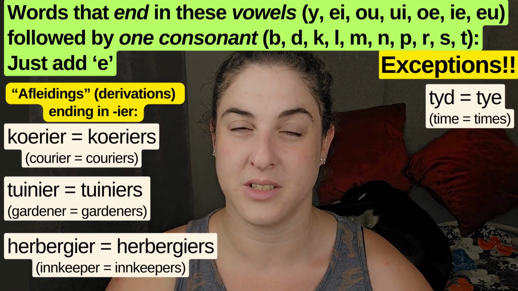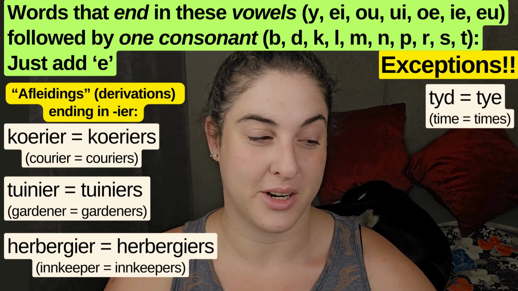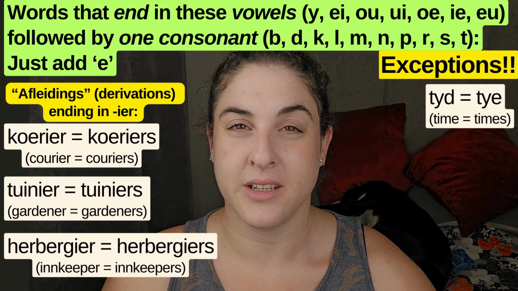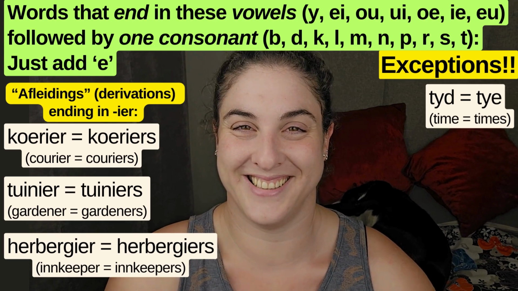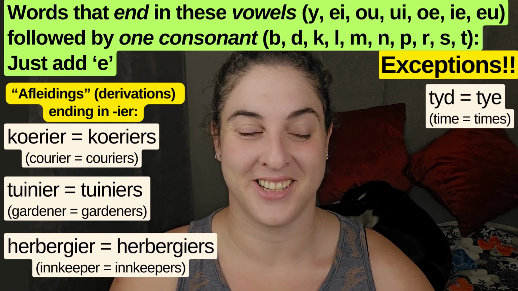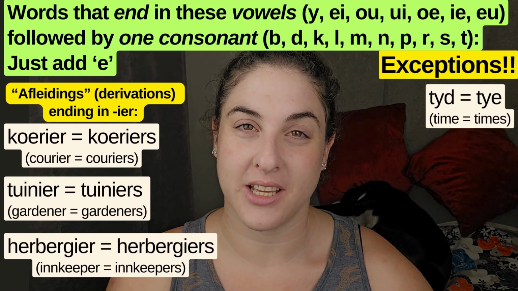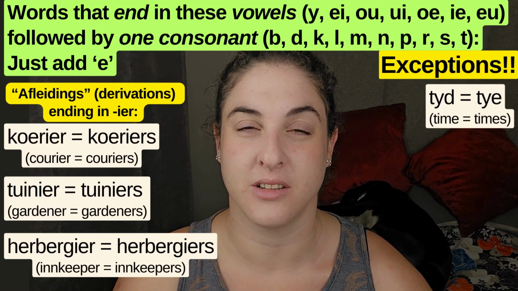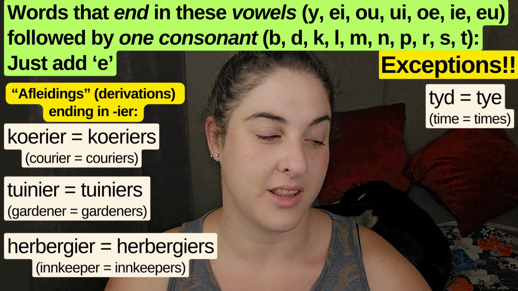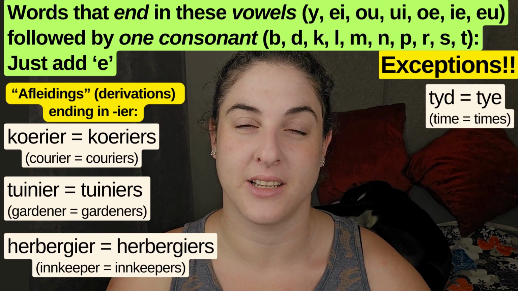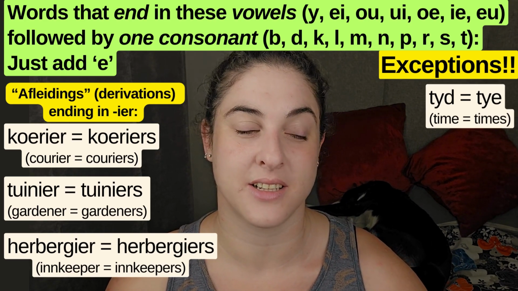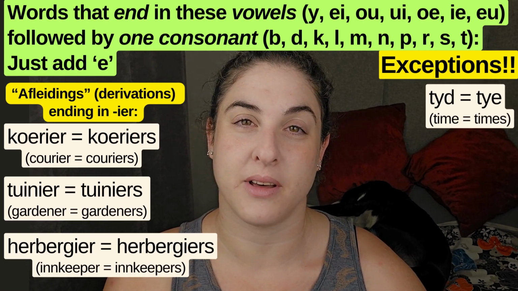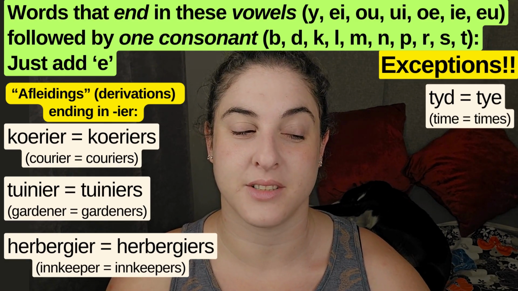These are not the only ones, but learn them. Right, so koerier, koeriers, courier, couriers. Tuinier, tuiniers, which is a gardener and gardeners. And then herbergier, herbergiers. And that is innkeeper and innkeepers.